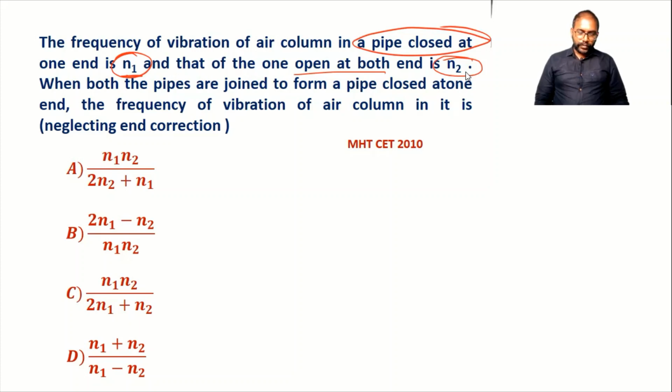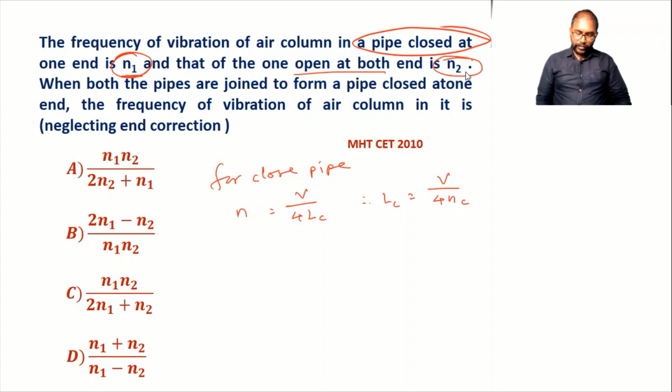Now here, for a closed pipe, means a pipe closed at one end, the frequency is V upon 4L. So let's say I use LC. By using that, I can write the length of this closed pipe LC is V upon 4 into the frequency of the closed pipe, which is given as N1.